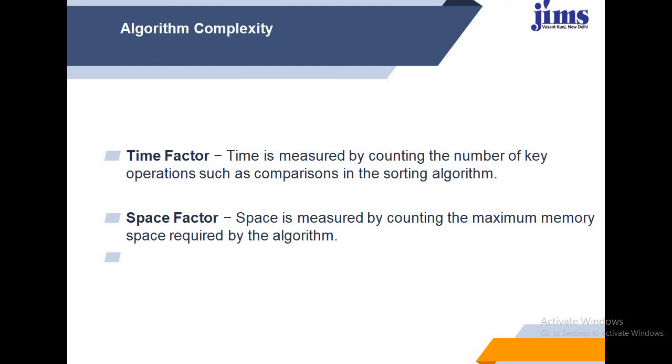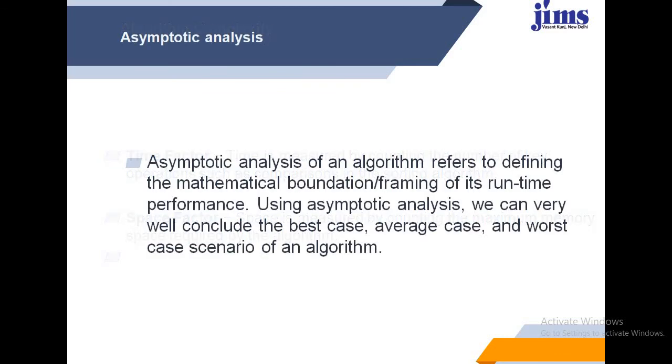So your algorithm complexity depends on two factors, time factor and space factor. Students, I think these two factors, these two criteria are clear. Time factor depends on time, space factor depends on space. So using these two you can easily find the algorithm complexity.